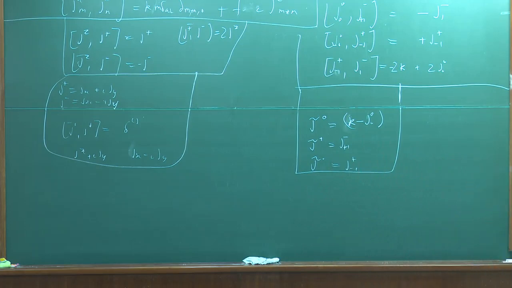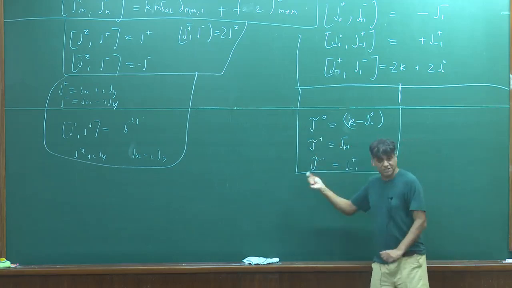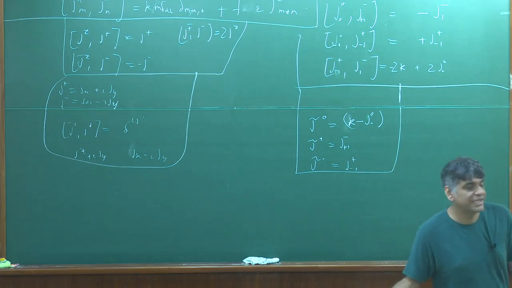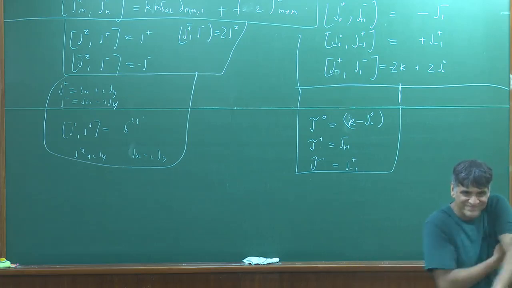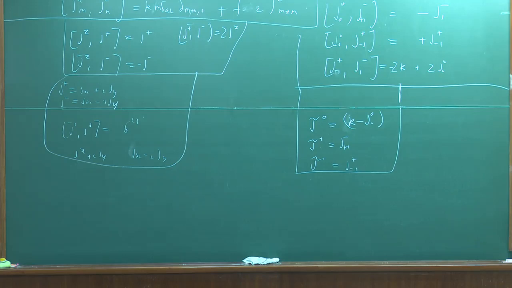So we have an SU2 algebra with the standard commutation relations and the standard hermiticity properties. And we know that in any such unitary representation, J0 is a half integer. And so because of that, this k here had better be a half integer.